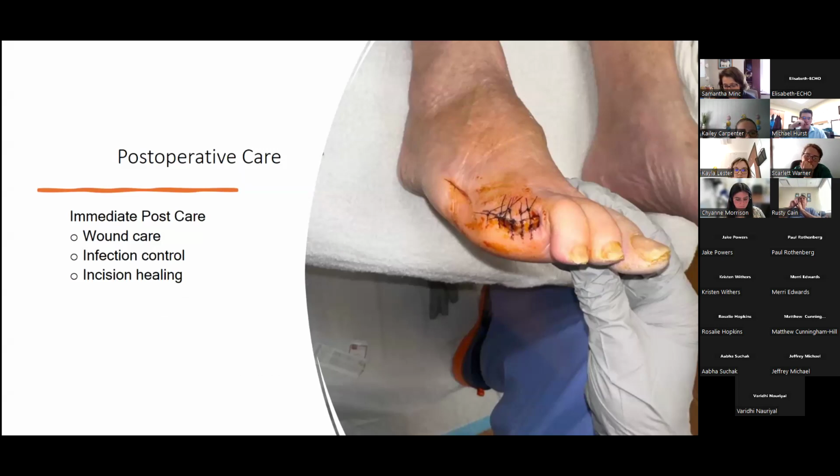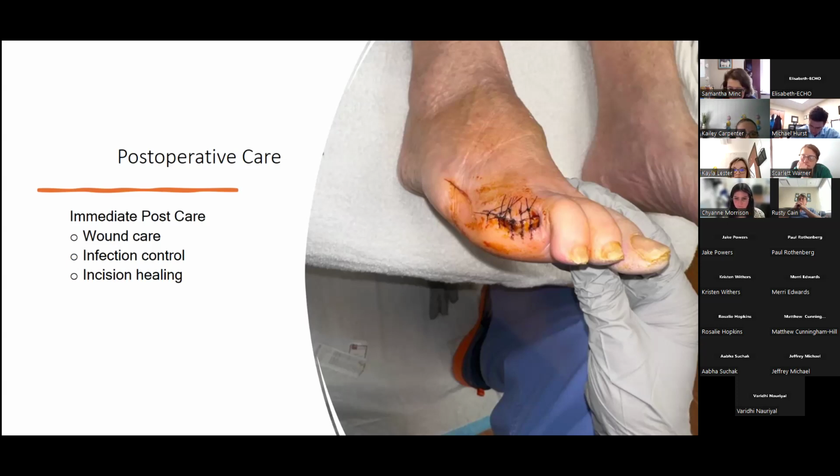So next, post-operative care. How do we take care of these amputation sites post-operatively? In the immediate post-care, we're worried about that incision. Is the infection under control? And do they have enough vascular supply to heal that wound? A lot of this stuff, the vascular supply, obviously we want to try to take care of prior to the amputation.